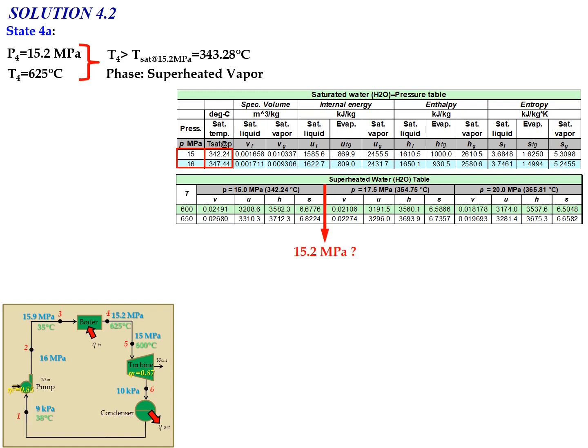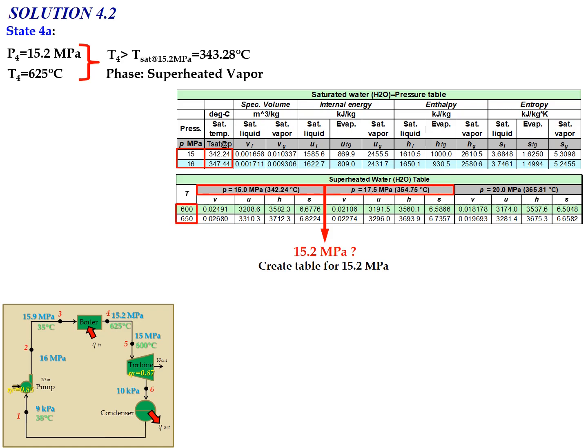Similar to the previous state, we don't have a direct table for 15.2 megapascal, so we need to create our own table for 15.2 megapascal. We refer to the data for pressures of 15 megapascal and 17.5 megapascal.